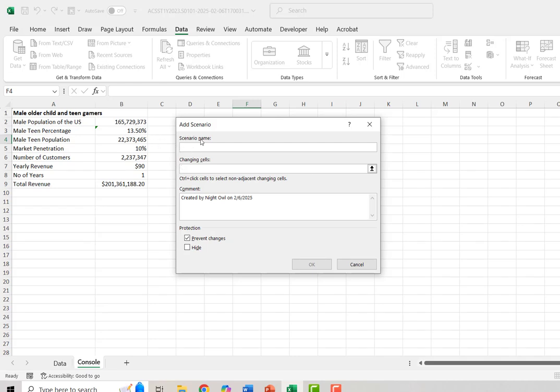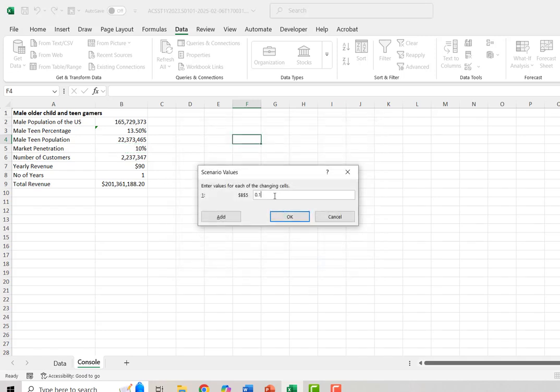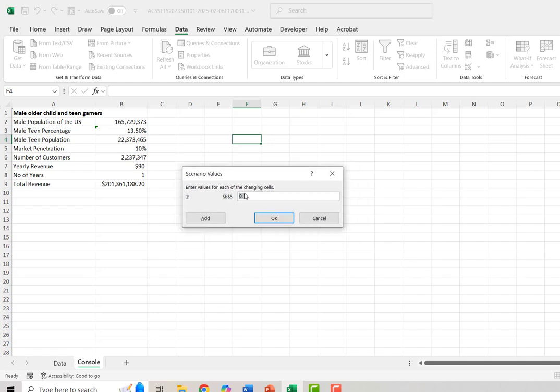So let's call this scenario "market 10%". With my market 10%, B5, which is my market penetration, is going to be 10%. I see it's 0.1 here. 10% in Excel is actually coded as 0.1, since it's out of 100%.